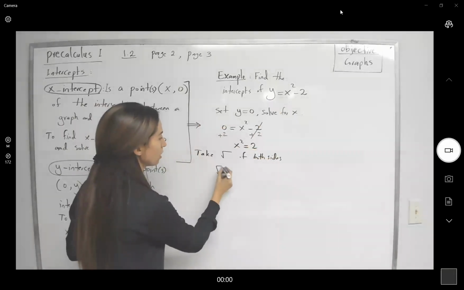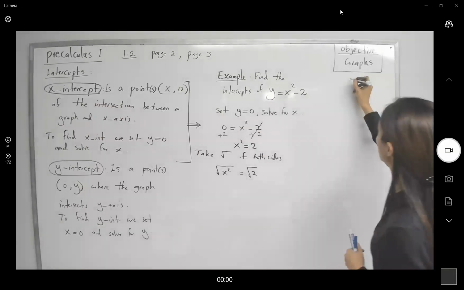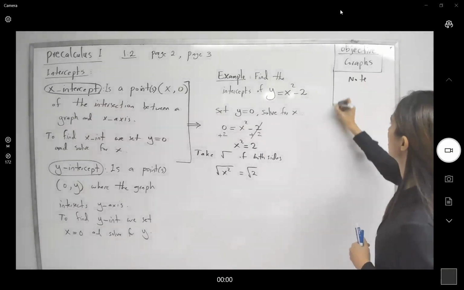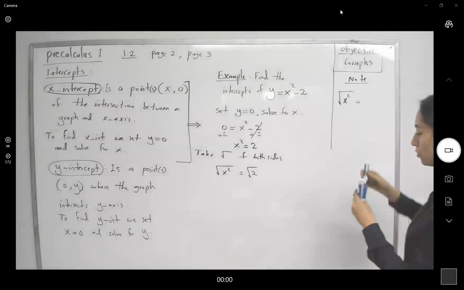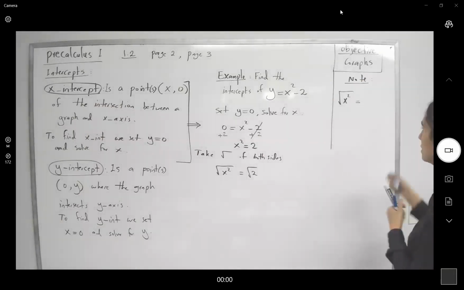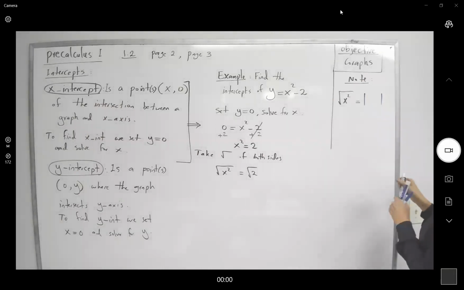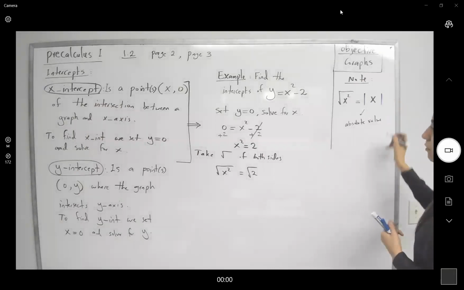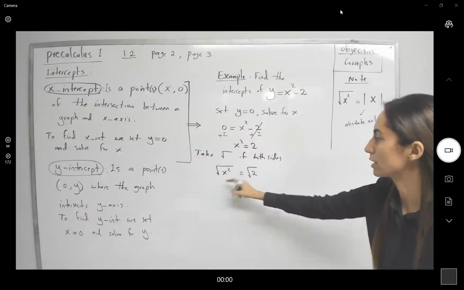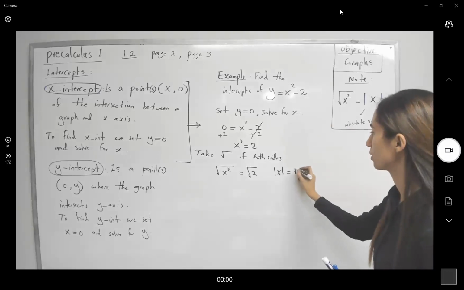So you get square root of x squared equals square root of 2. Note the square root of x squared is equal to absolute value of x. We discussed this last time. So here you get absolute value of x equals square root of 2.